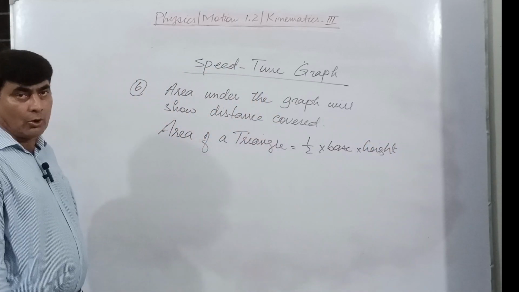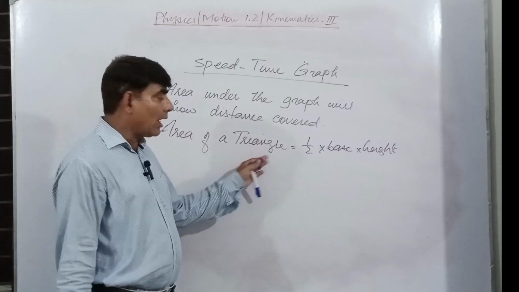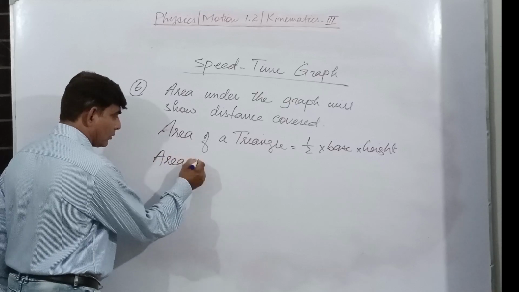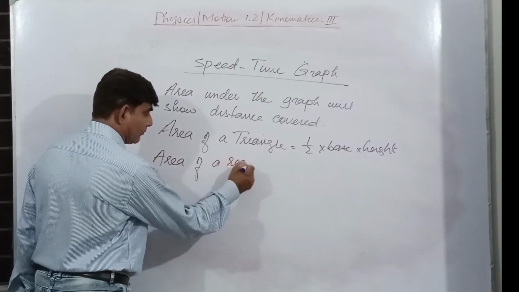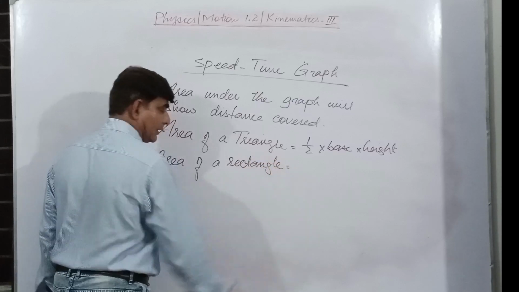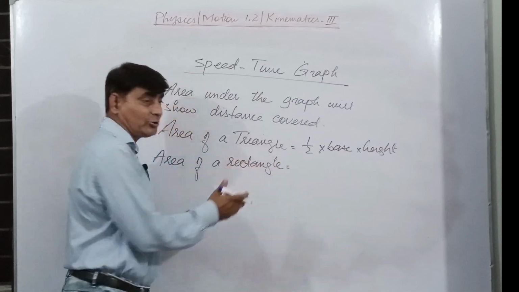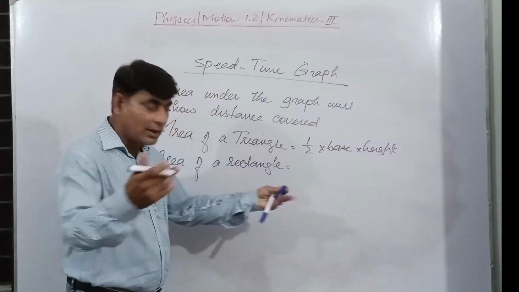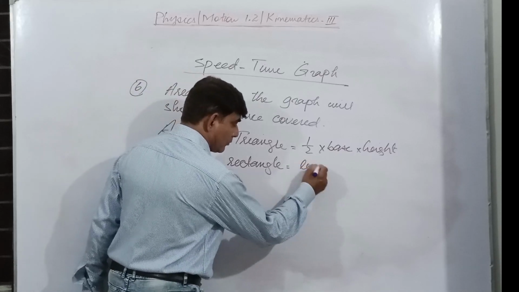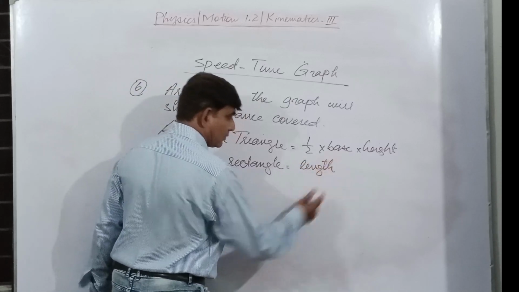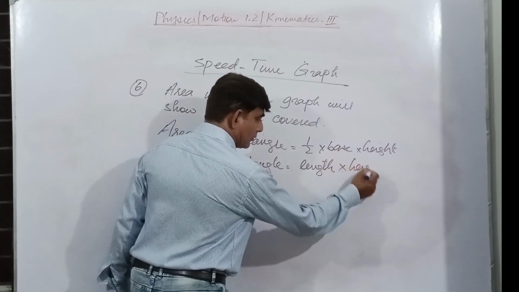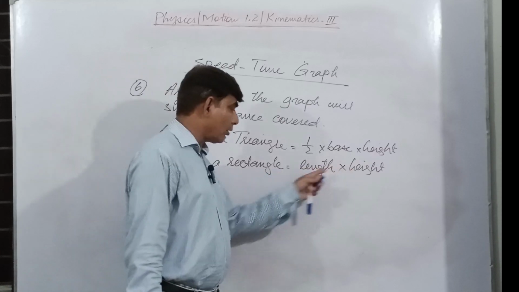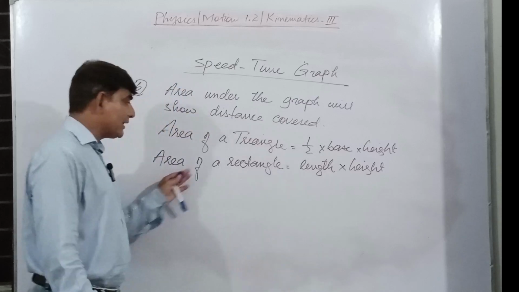Now area of a rectangle: a rectangle is two triangles, so when two triangles are added, half plus half equals 1. Just write down length into breadth, or length into height. This is the area of a rectangle.